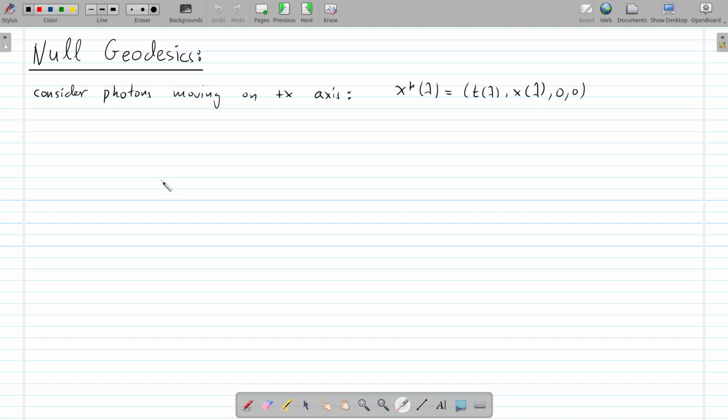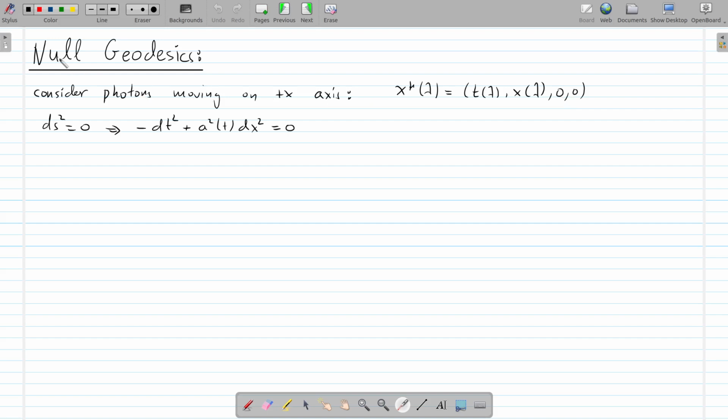So let's use now these values of the Christoffel symbols that we computed in order to compute null geodesics. And for simplicity and without too much loss of generality, let's consider trajectories of photons along the x-axis. So we will confine ourselves to the case where the functions y of lambda and z of lambda are equal to 0.